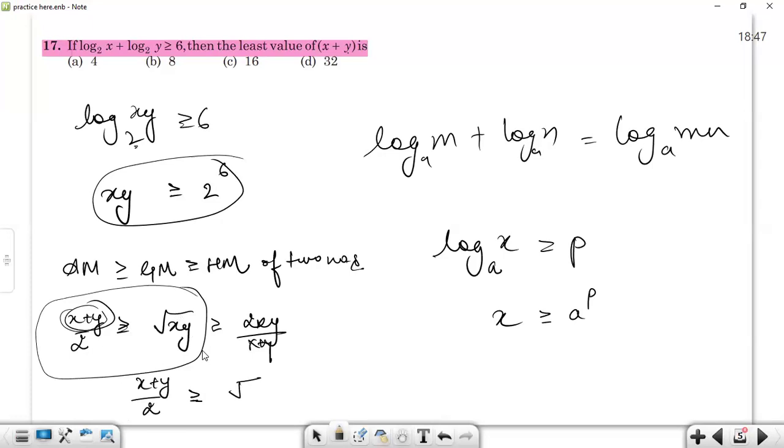So we know in this case that the geometric mean will be greater than or equal to 2 raised to power 6. And now we know in this condition that the arithmetic mean will be greater than or equal to the geometric mean.